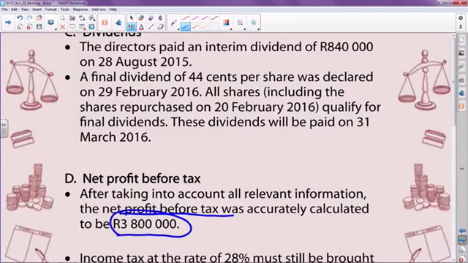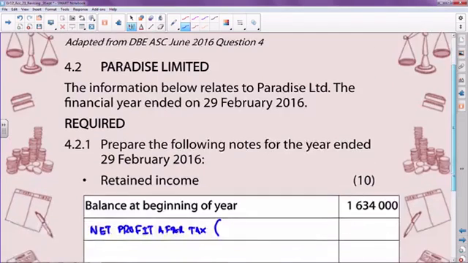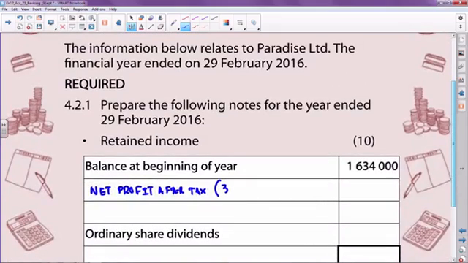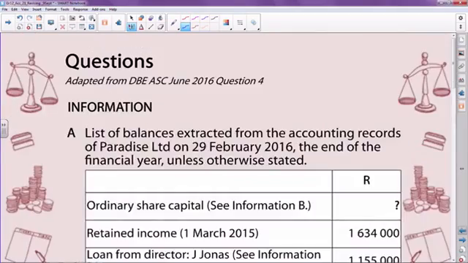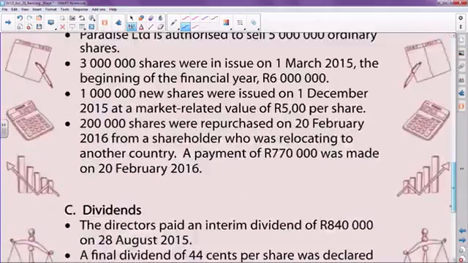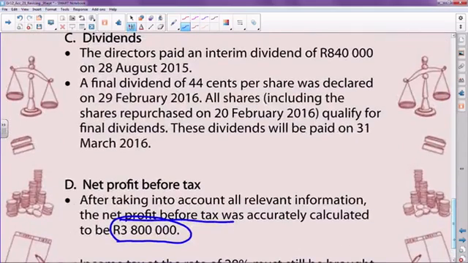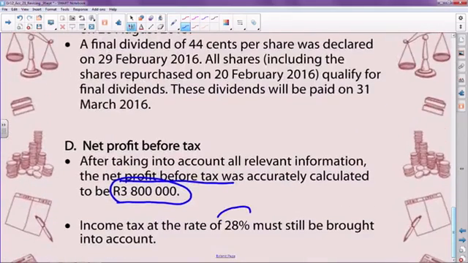Okay, now that I have that, 3,800,000, watch, that's my net profit before tax. I now need to subtract my taxation. That's right. And where am I getting my taxation from? What am I told? I'm told regarding my taxation that my tax amounted to 28% must still be brought into account.